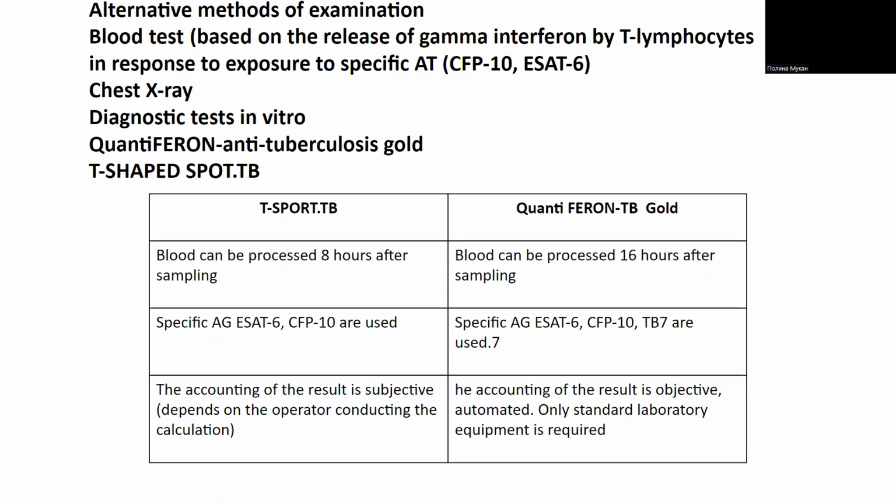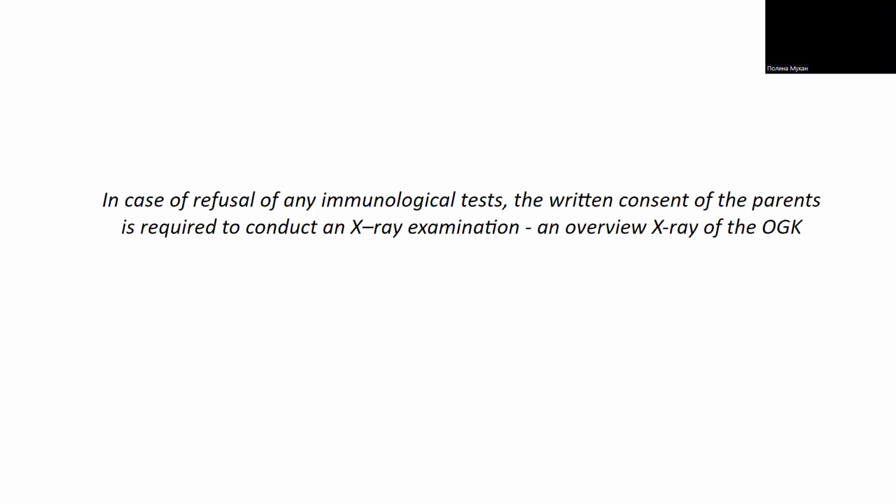An alternative method is a blood test based on the release of gamma interferon by T lymphocytes, chest X-ray, diagnosis in vitro, and so on. In case of refusal of any immunological test, the written consent of the parents is required to conduct an X-ray examination.